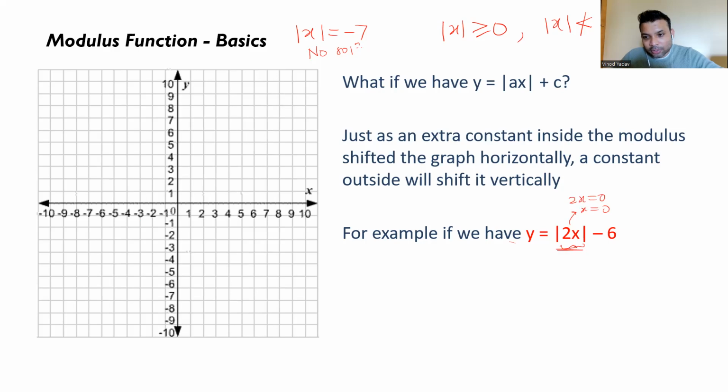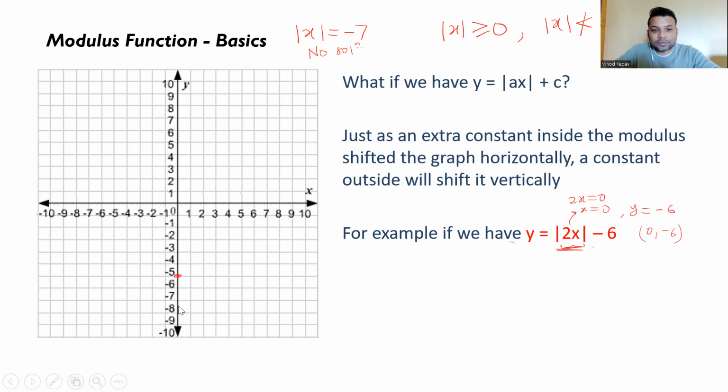Now when x is 0, the mod is 0, but minus 6 will remain. So at that time, y is minus 6, isn't it? Understand input, output. Now you understand the functions, right? So when the input is 0, the output is minus 6. So the vertex is 0, comma minus 6. First thing, 0, comma minus 6 will be the vertex. This is the minus 6 point. And a steeper V, because the coefficient of x is 2.